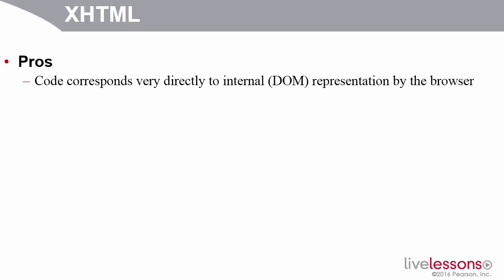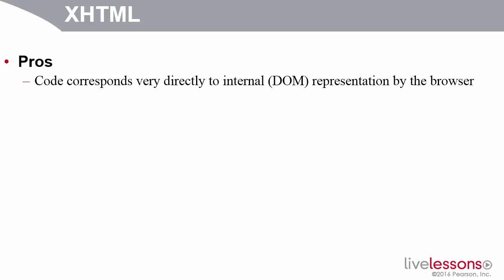This is a big advantage because you can kind of visualize how you should write the JavaScript code to manipulate the HTML. Oh, go inside the body element, find the first div, find the first thing inside of it, do this to it. Whereas in some of the other HTML versions, you can leave off end tags, and end tags are assumed, and so what the browser stores internally is quite a bit different than what you wrote in the text editor.